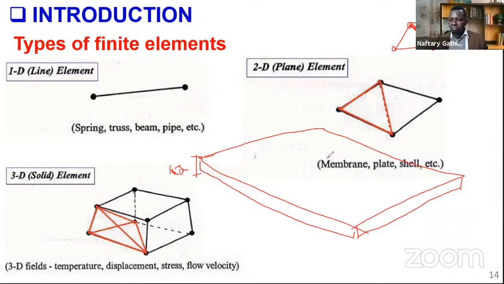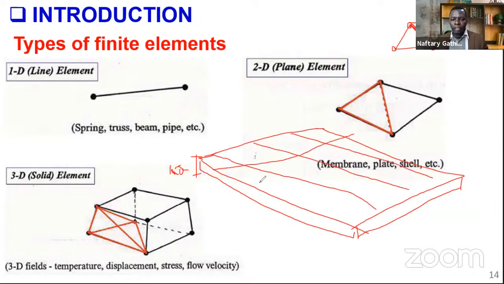To do the finite element analysis, the first stage is discretizing: we break it down and divide it into finite elements. These finite elements are not straight lines. This one box here, if I shade it, is one element.